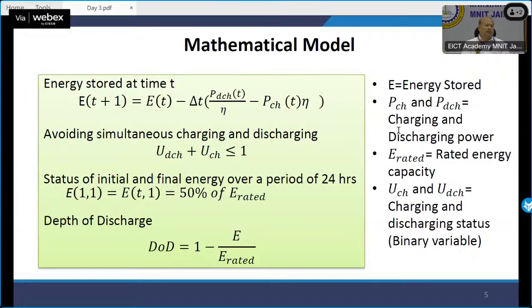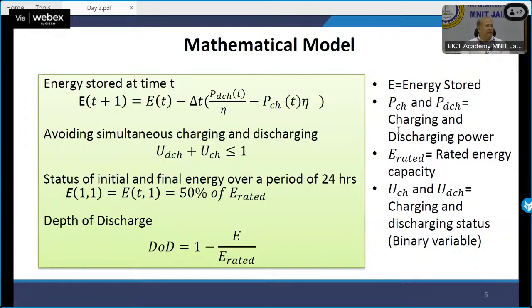So this logic, so what will happen, Manmohan? The moment I say UDCH plus UCH is less than or equal to 1, so that means what will happen? Either this is 0, 1 or 1, 0, or 0, 0, but it cannot be 1 and 1.